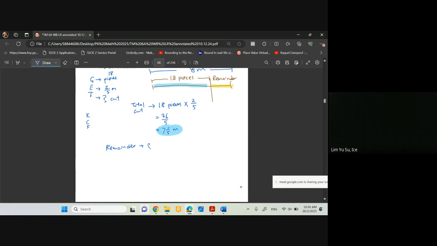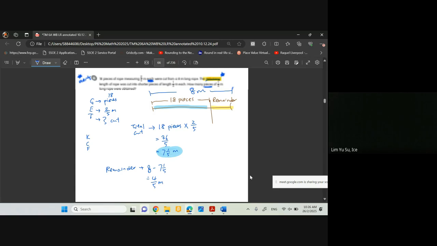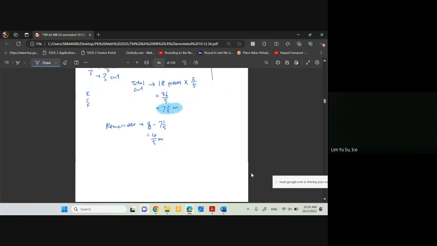So it's 4/5 meter. Then the last part says, I take this remaining rope and cut it into shorter pieces of 1/5 meter each. So I have another group. Now the remainder is 4/5 meter.